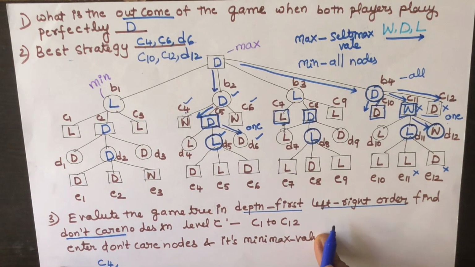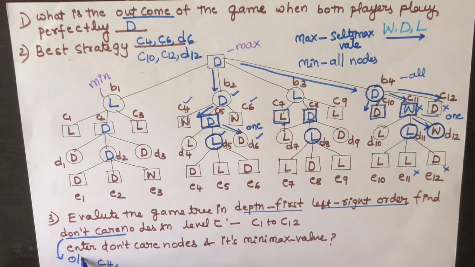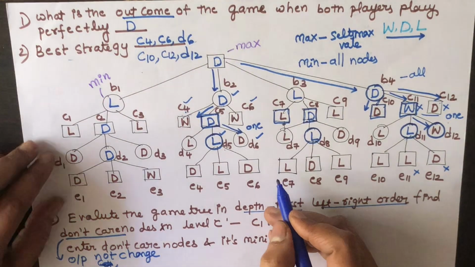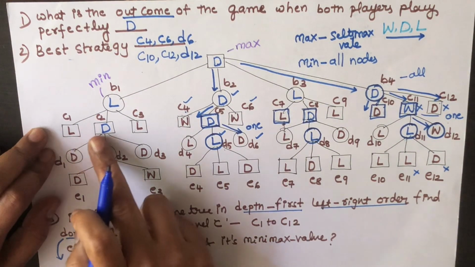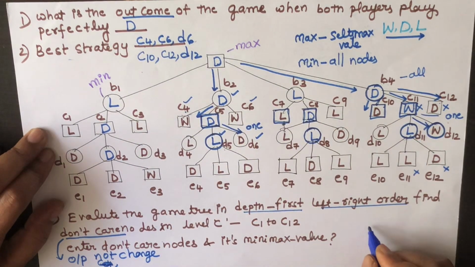Don't care nodes means nodes that do not affect the output. The output does not change. See, consider in the level C, all are max nodes.